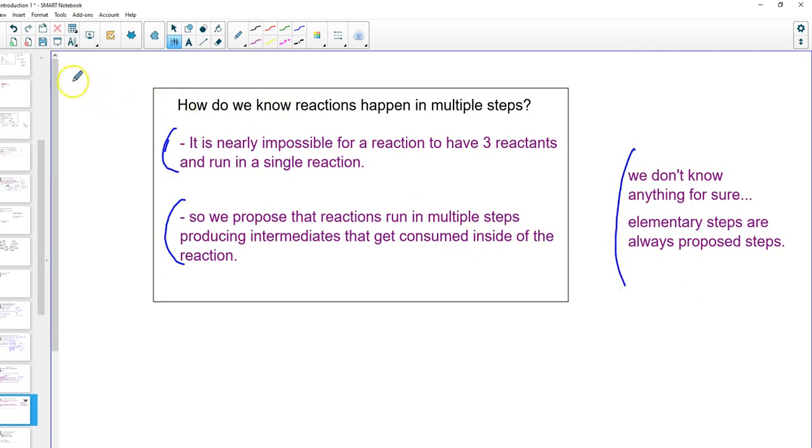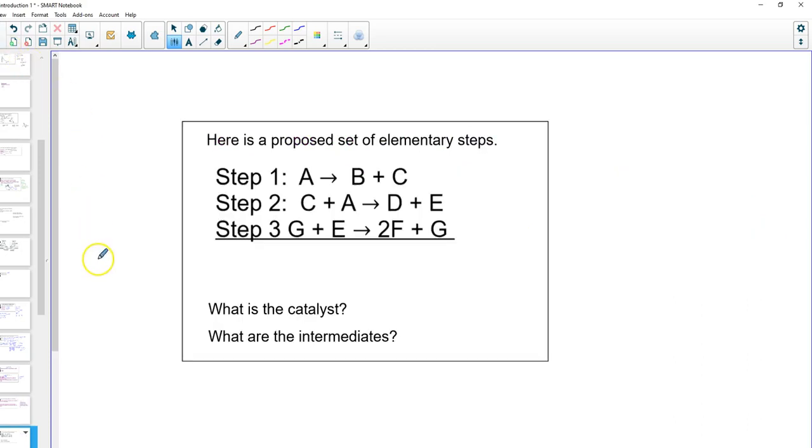Alright, so here's a proposed set of elementary steps. Now, this is just some general stuff that we use all the time. So how do we go about coming up with an overall reaction? Now, there's a couple of ways you can do this. One, take all the stuff you have here and put it over here.